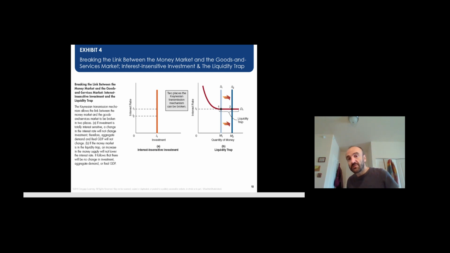So the liquidity trap means people are trapped in that fear of future uncertainty and they hoard money and keep it in cash balances, reducing the amount of money that is available for the credit market, the market for loanable funds, where new credit is created. If no supply is forthcoming in the credit market, the interest rate will remain where it is, no matter how much you increase the money supply.